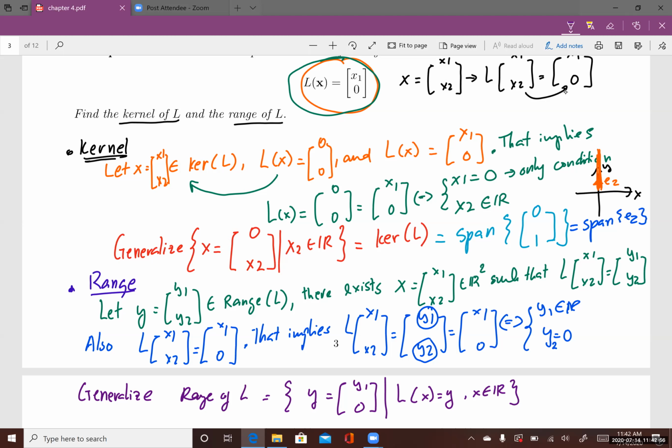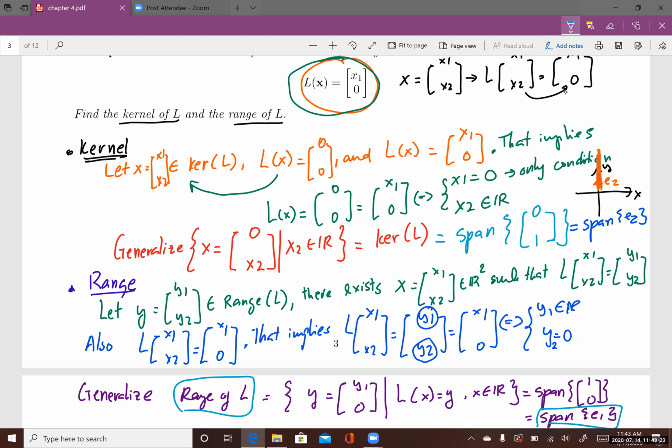And if you want to rewrite this as a span of a set of vectors, it's going to be the span of 1, 0, which is the same as the span of E1. So the range of L is the span of E1.